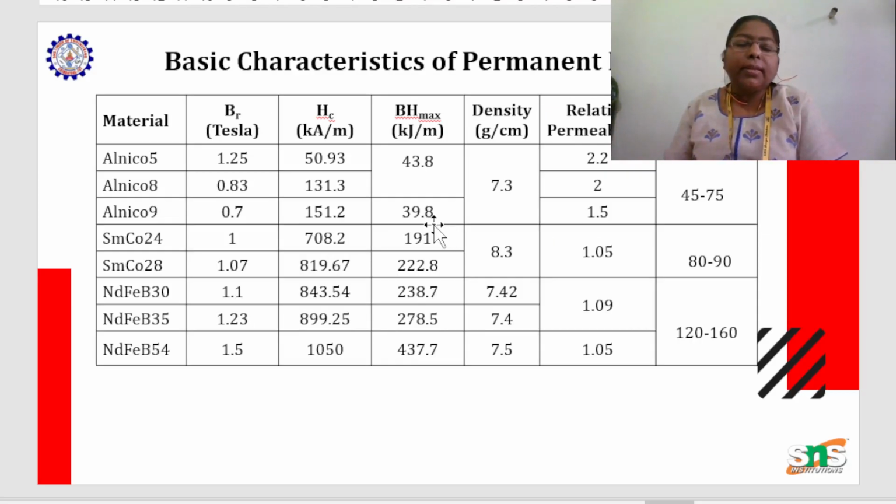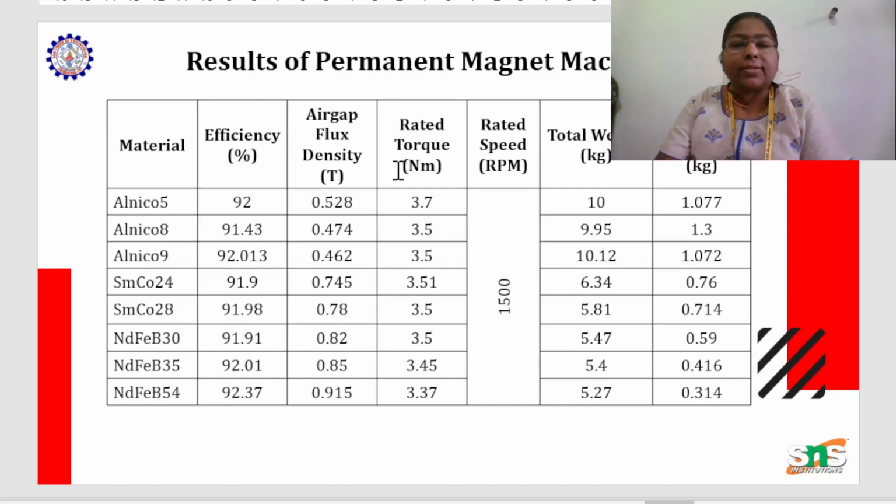If you take up the characteristics, these three factors, your Br value, Hc value, and your remanence flux density, recoil ability, and BH max, all have to be considered while studying the characteristics.